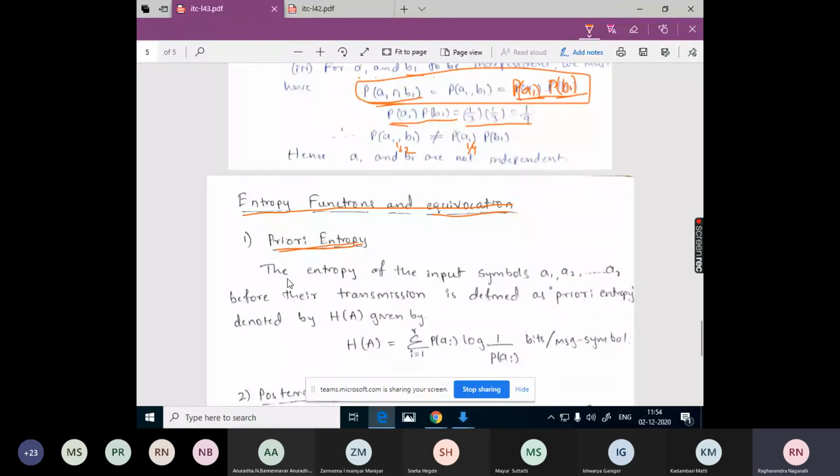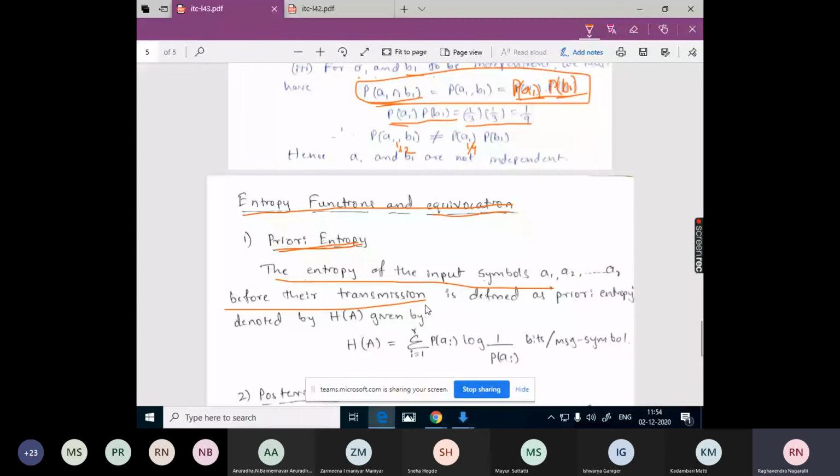A priori entropy is nothing but the entropy of the input symbols, which are A1, A2 up to AR in general, before their transmission. So whatever entropy we have for the input symbols before the transmission, we call that a priori entropy.